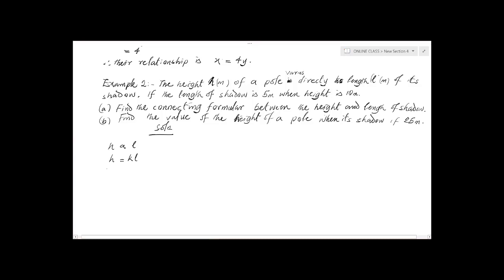What they gave us was that H equals 10 meters when L equals 5 meters. So question A, we want to find the connecting formula, which is the same thing as the relationship. Substituting for H and L, 10 equals K times 5, so K equals 10 over 5, which is equal to 2.